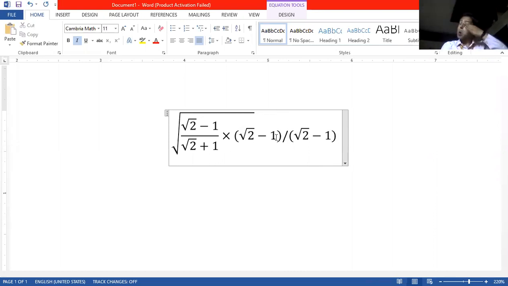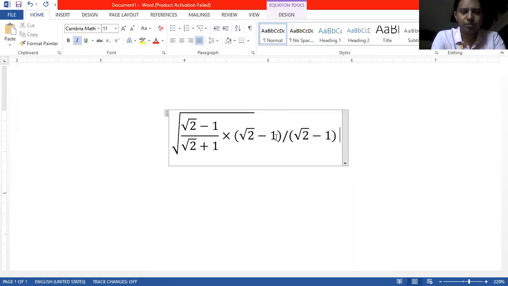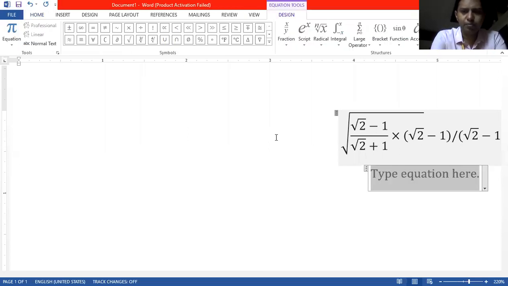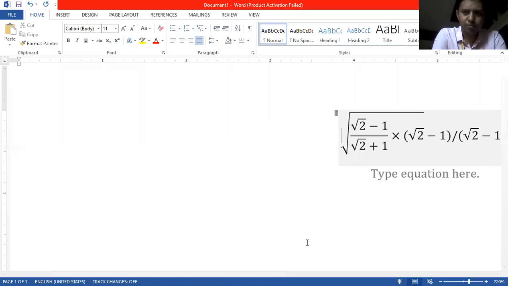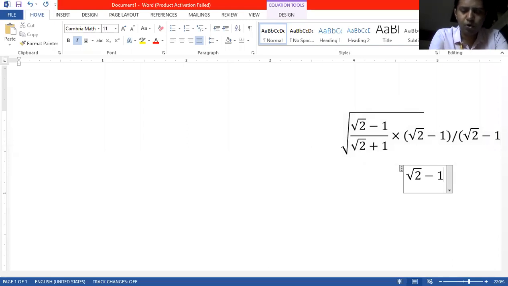While multiplying, in the numerator we'll have under root 2 minus 1 whole squared, with a root outside it as well.